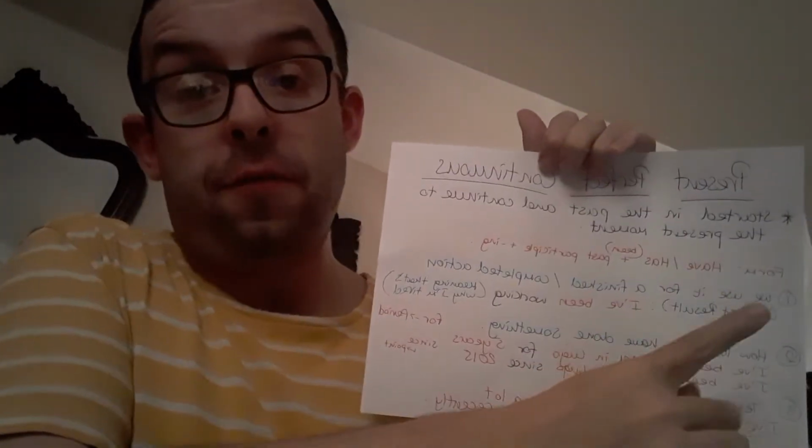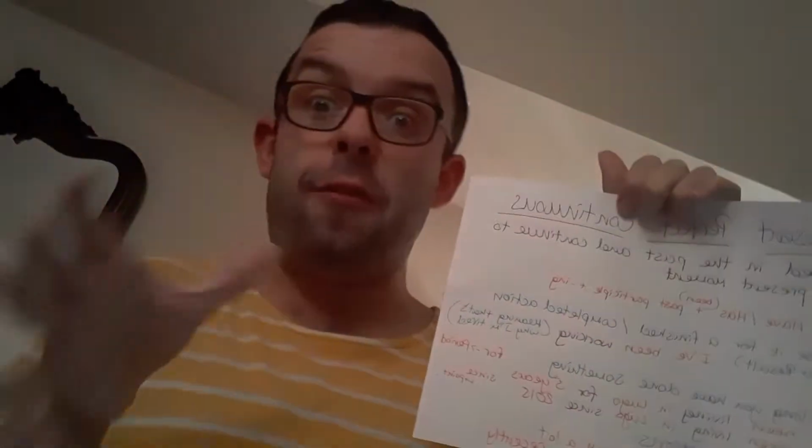Just remember, we form it with have or has been, along with the past participle in ing. Now remember, when you are looking at your verbs, you have your base verb, you have your past simple verbs in the second column, and then in the third column is past participle. Remember, regular verbs all end in ed, or ied, and so on and so forth.